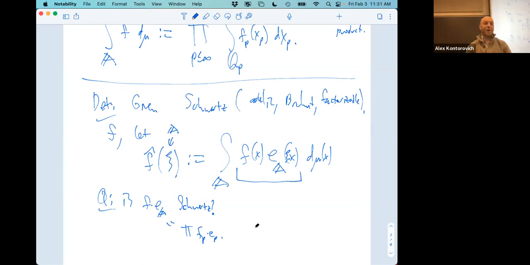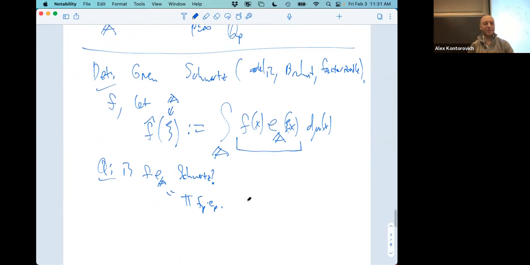The infinite place we don't care about because it's all but finitely many; at the infinite place, that's just one place. So we'll definitely have to use the fact that ξ is in the adeles.